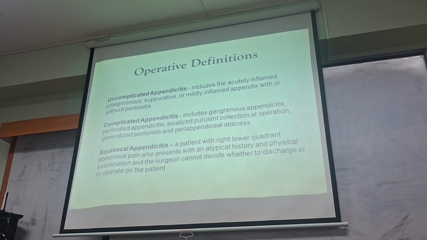You just have to admit a patient with equivocal appendicitis. Take note that imaging is not routine with appendicitis. More often than not, appendicitis is diagnosed clinically. Imaging is only reserved for those patients with equivocal appendicitis, or maybe those patients who were examined by another doctor, and then they did all the tests, and then they referred the patient to a surgeon.